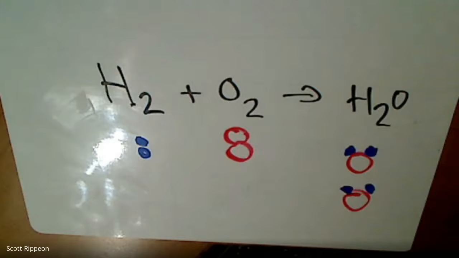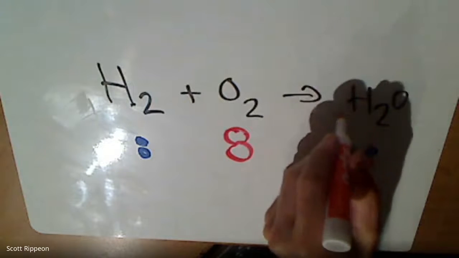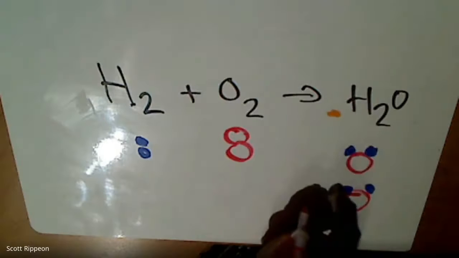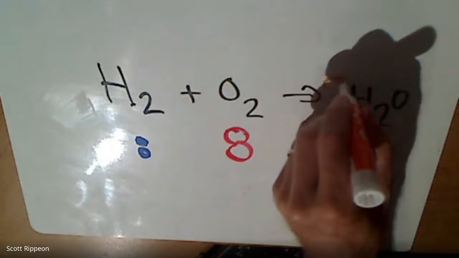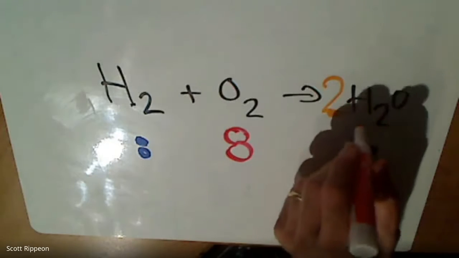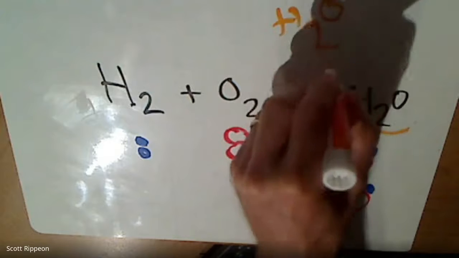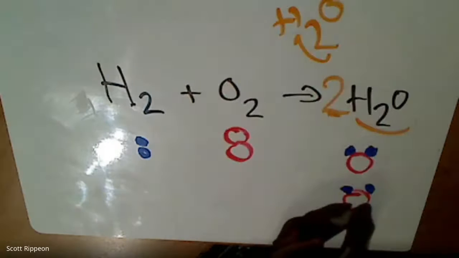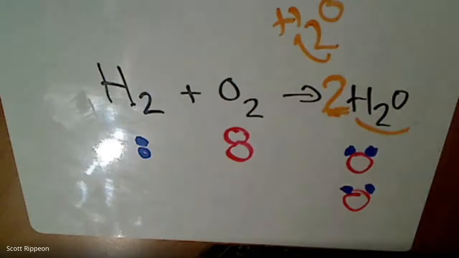What we're going to do is we're going to say, okay, I didn't just make 1 water. I'm going to put a number out here in the front, and that number out here in the front modifies the whole thing. So that says that there are 2 of that molecule, 2 of this whole thing. Again, if I write H2O, that 2 goes to that. But if I write a 2 out here, that says the whole molecule.